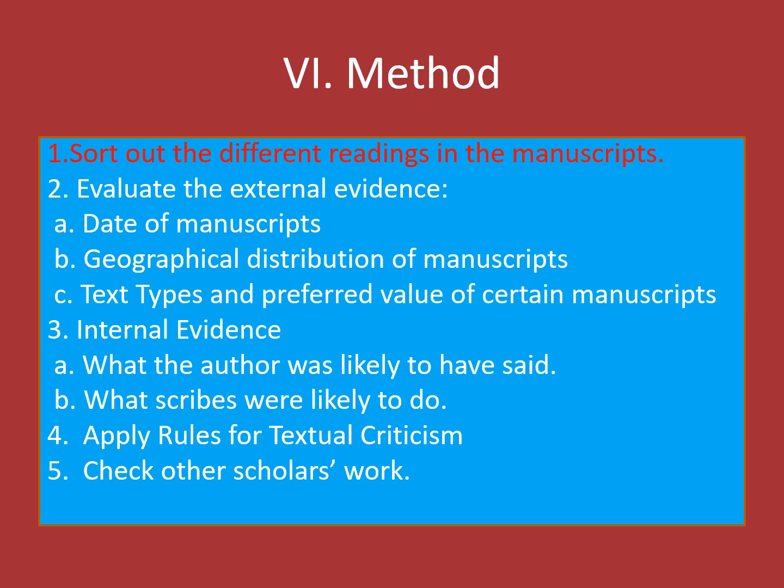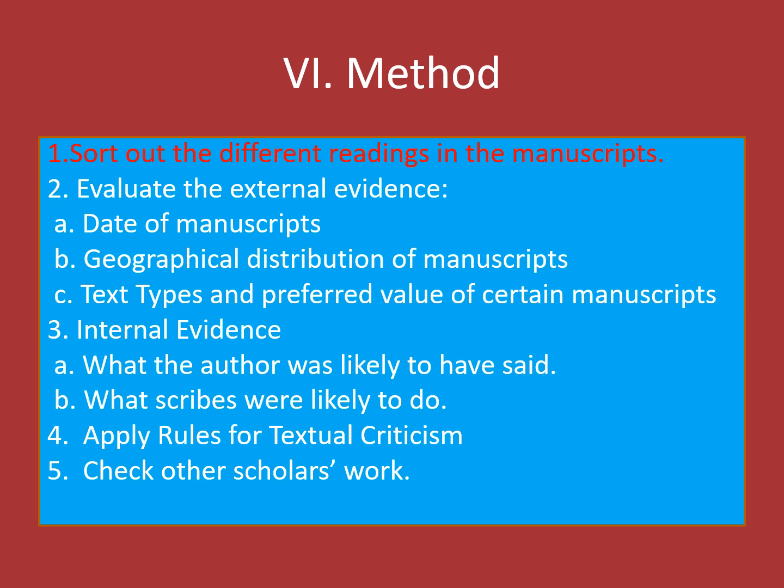So we move on to evaluating the external evidence in several ways by looking at the date of the manuscripts, the geographical distribution of the manuscripts, and then considering something that's called text types, or groupings of manuscripts into different copying traditions and characteristics, and evaluating that evidence.